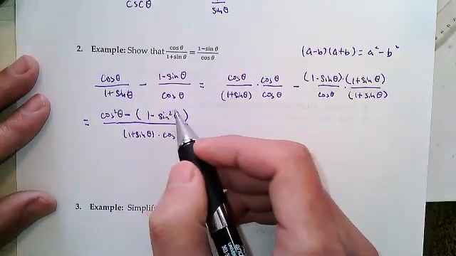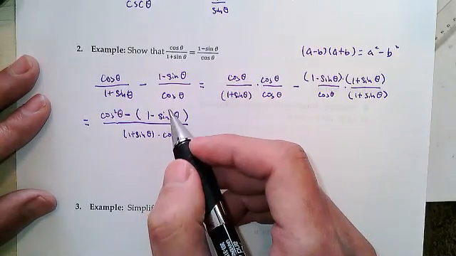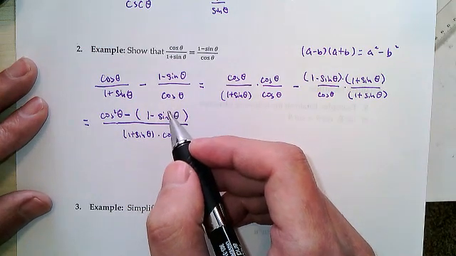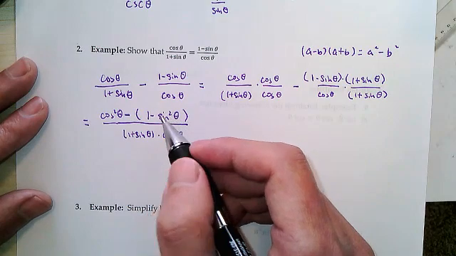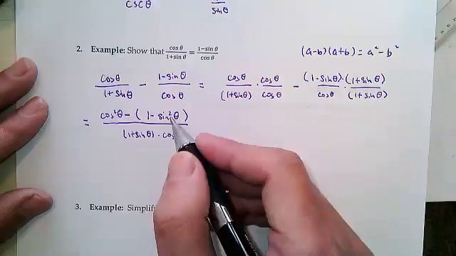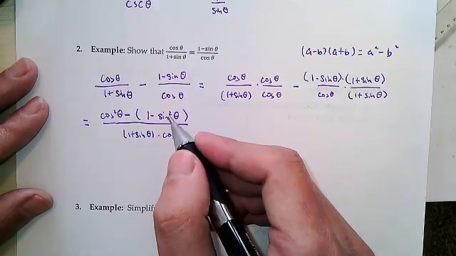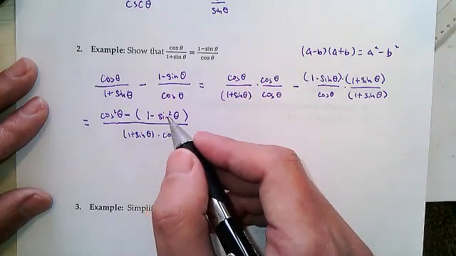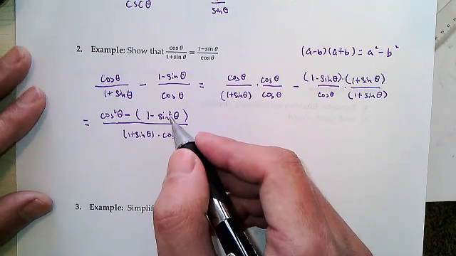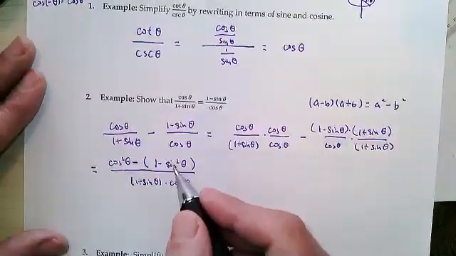Okay, does anyone have any question about how we get here? Okay, so let's continue. 1 minus sine squared theta. What is 1 minus sine squared theta? It is just cosine squared of theta. Very good, you get it.